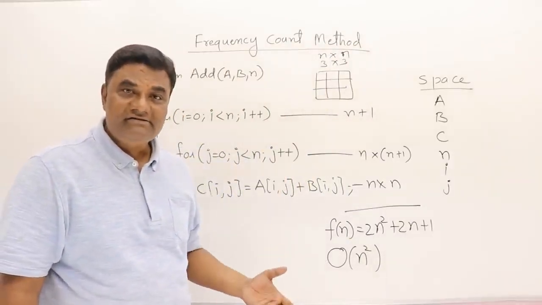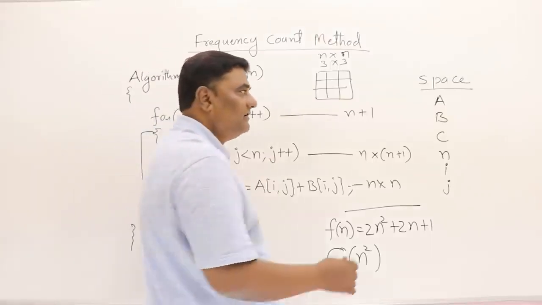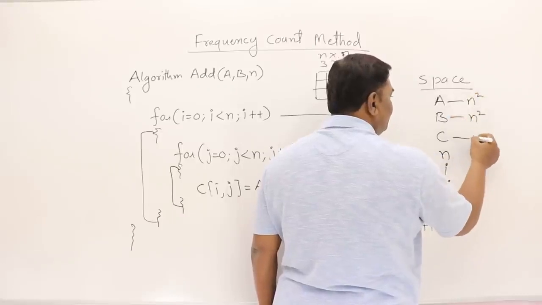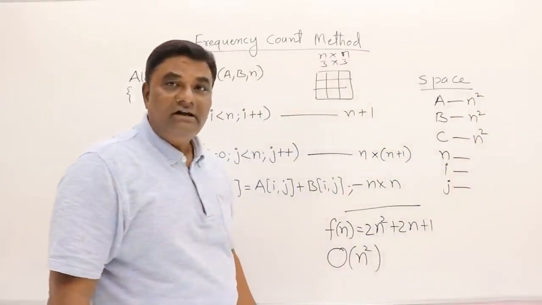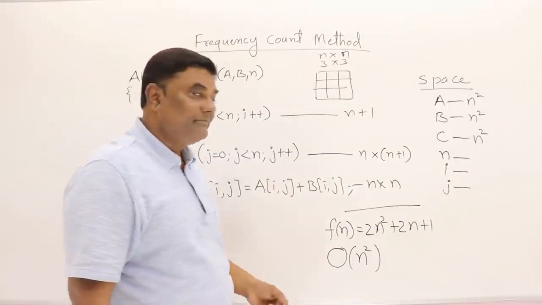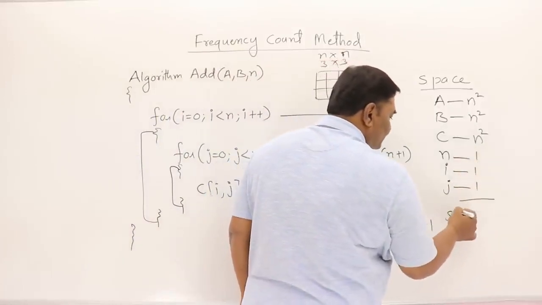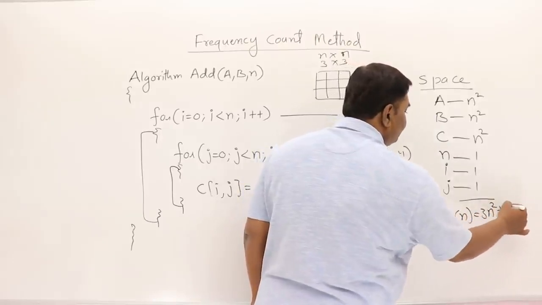They are matrices, two-dimensional arrays, n cross n. So n square, n square, n square. What are N, I, J? They are scalar variables, simple variables. One word, one word, one word. So the space function is 3n square plus 3.